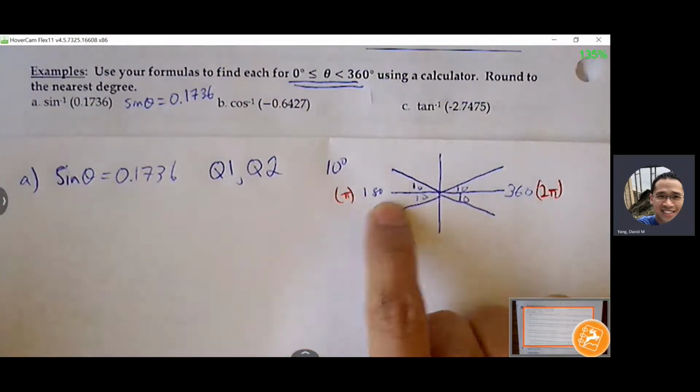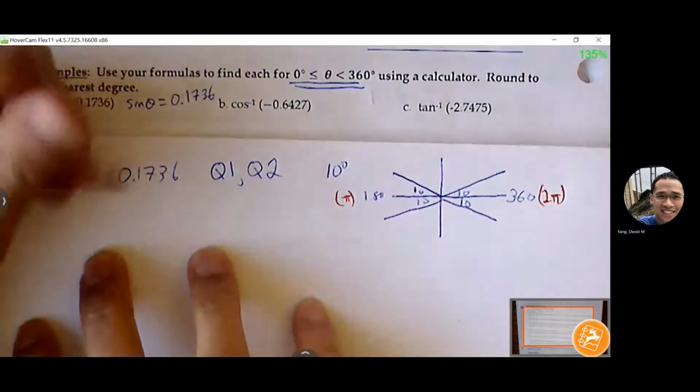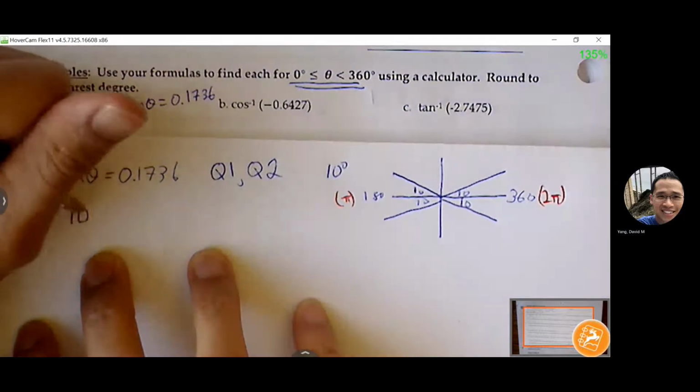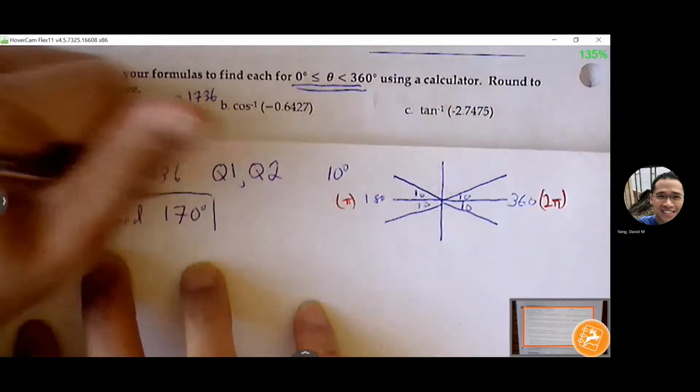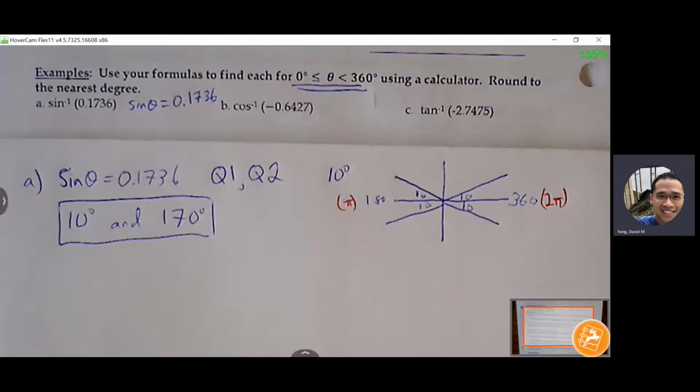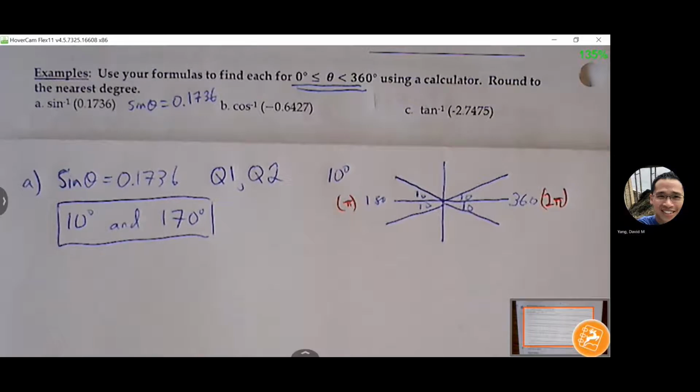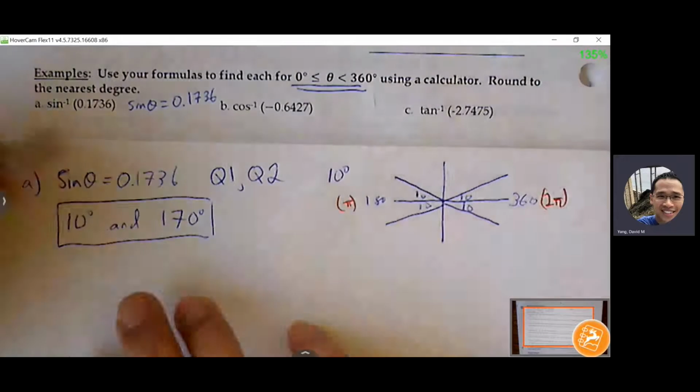Okay, so 180 minus 10 is what? Okay, go ahead. Are you guys okay with that? All right, let's try part B.